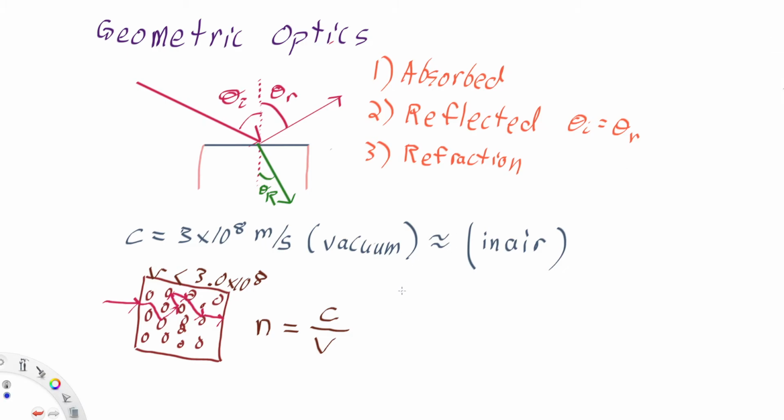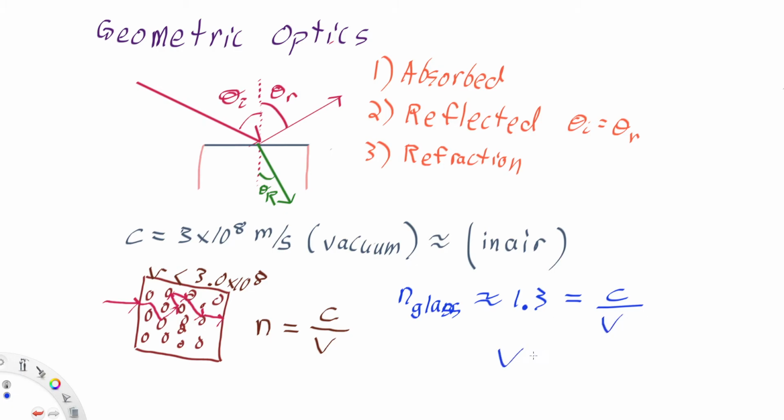In fact, the index of refraction of the glass, say in your car, auto glass, it's about 1.3. So that's going to be the speed of light in the vacuum divided by the speed of light as it goes through that glass.